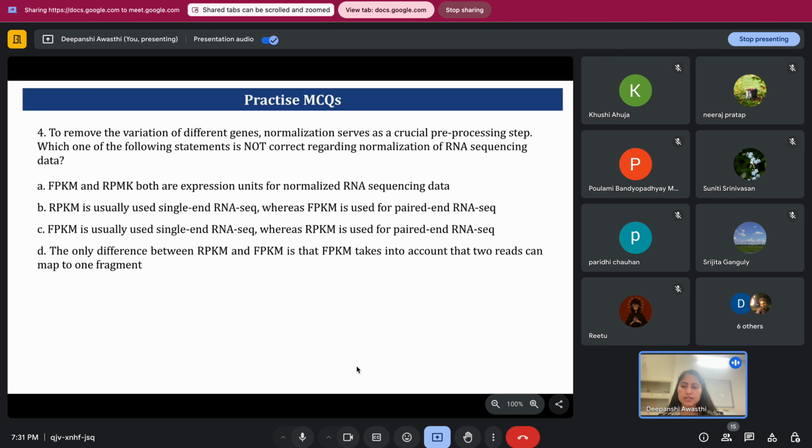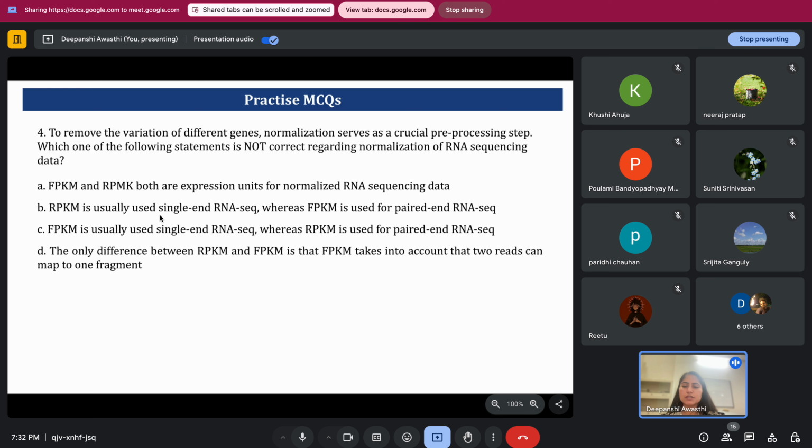Now let's move to the next question. To remove the variations of different genes, normalization serves as a crucial pre-processing step. Which one of the following statements is not correct regarding the normalization of RNA sequencing data? Option A says that FPKM and RPKM both are expression units for normalized RNA sequencing data.